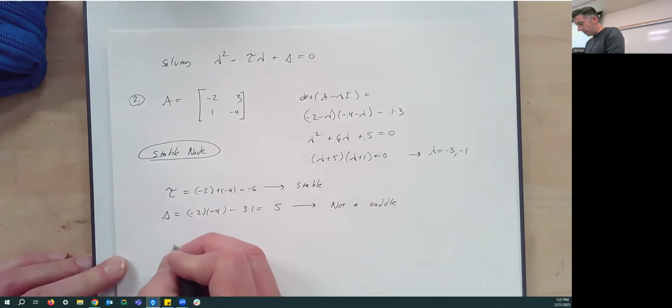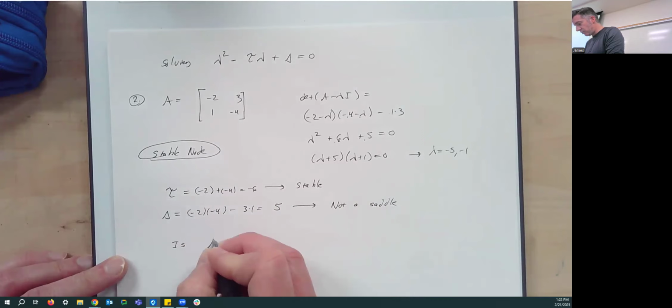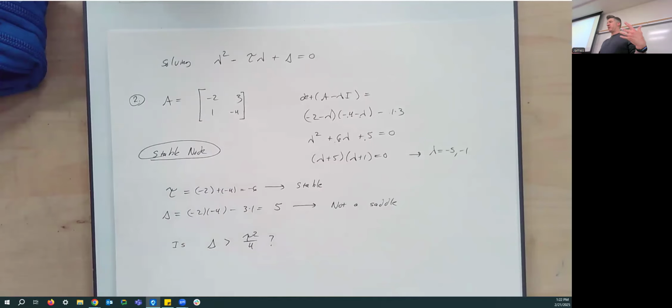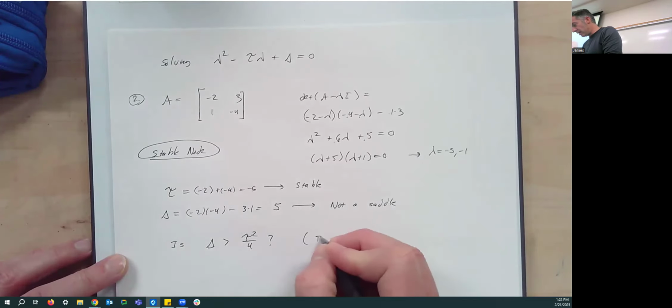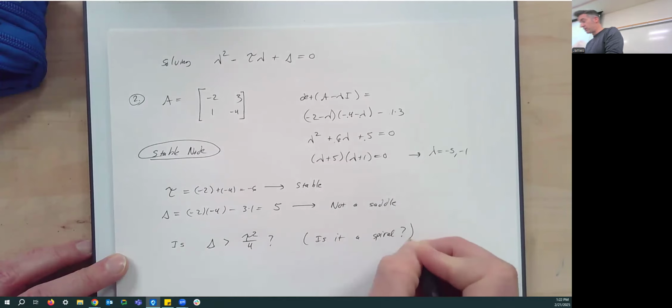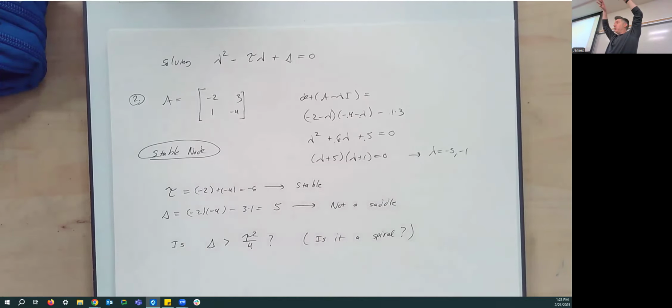So the question now is, is the determinant bigger than tau squared divided by 4? I always ask, is it bigger than, just because that's the way it makes sense for me to ask it. I don't really know. So this question really is asking, is it a spiral? Because if you're above the parabola, we're in spiral land. If you're below the parabola, but still above the x-axis, you're in node land.